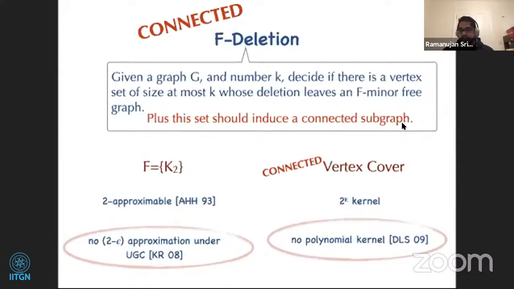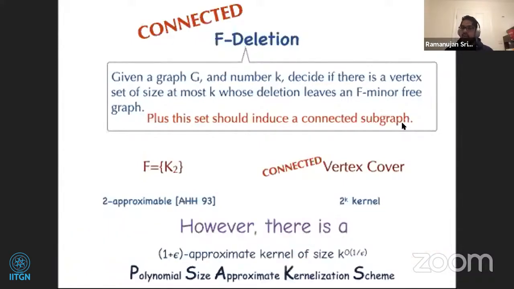A promising starting point is this result that we saw yesterday for connected vertex cover that said, yes, the moment you allow some inaccuracy, you are able to dramatically improve your pre-processing power, i.e. obtain a polynomial approximate kernel. And in fact, you could do really well, i.e. get arbitrarily close to 1 when it comes to the accuracy.